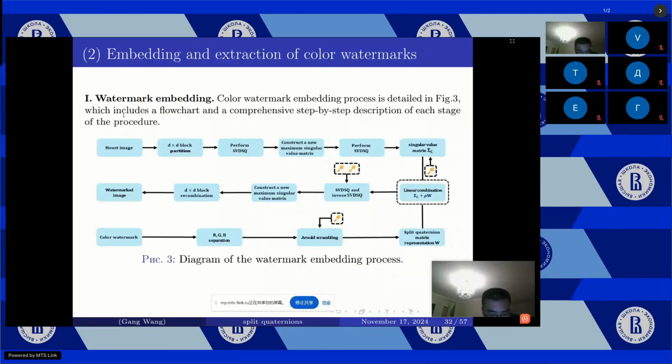The extraction phase then reverses these operations to recover the watermark from the watermarked image, ensuring accurate extraction even in the presence of interference. This algorithm is primarily applied to copyright protection, content authentication, and anti-counterfeiting.